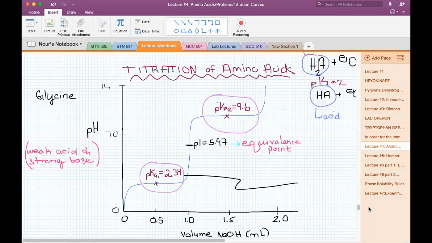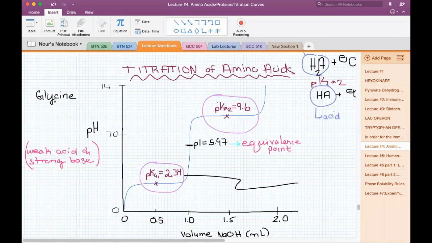Titration of amino acids is basically another example of a titration between a weak acid and a strong base, and a weak acid and strong base titration curve generally looks like this. I'm going to demonstrate this with a neutral amino acid first to make it simple, to give you the general makeup of how these things work.